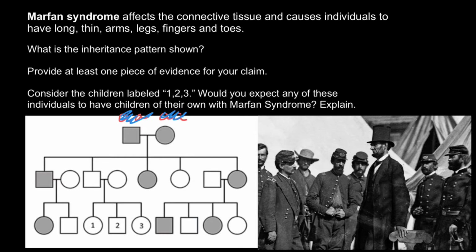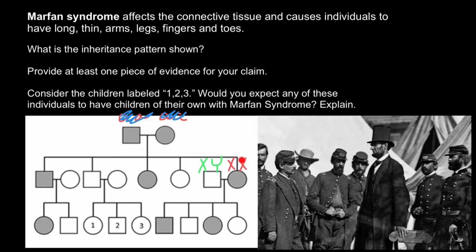Now let's think, could this be an X-linked recessive genetic disorder? This part of the pedigree tells us that this is not possible. For example, in order for this female to be affected, she has to have two defective X chromosomes. The male here has a normal phenotype. That means that he should have a normal X chromosome and a normal Y chromosome.